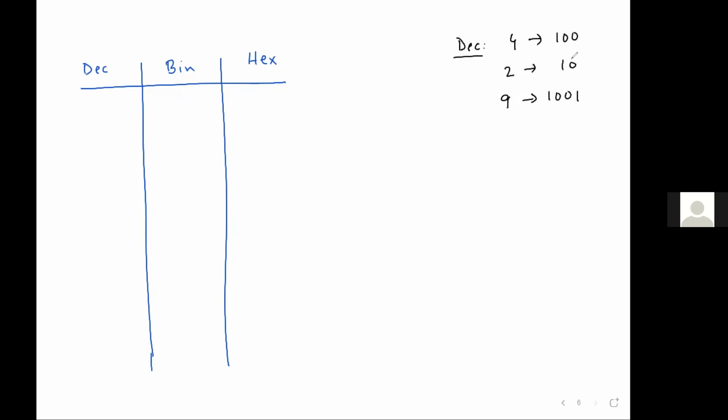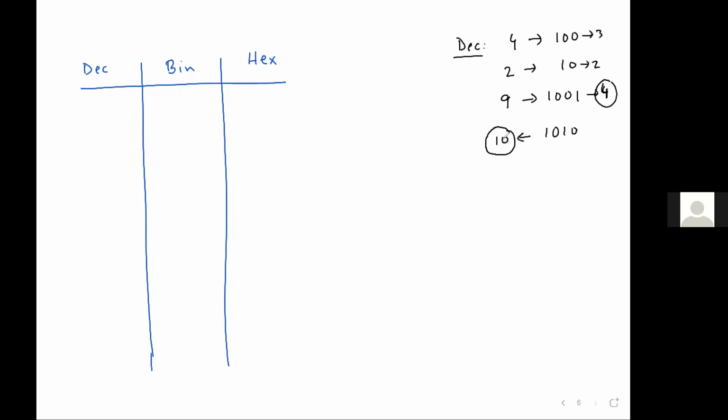1001. So you see that over here you need 2 bits, over here you need 3 bits, over here you need 4 bits, meaning that to represent all the decimal numbers, you need a maximum of 4 bits, right? When we go for 1010, what is that in decimal? 10. That is 10. See what you are doing.